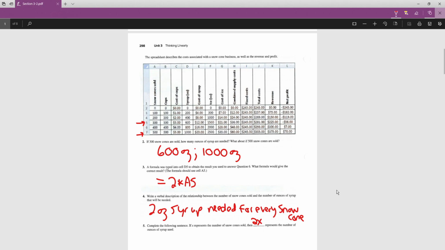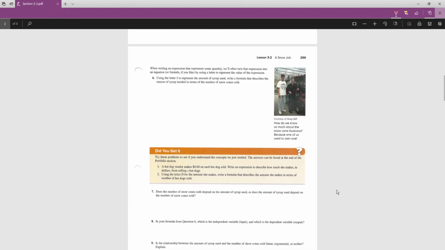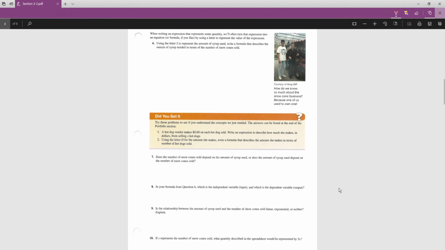Moving on to page 299, it says when writing an expression that represents some quantity, we will often turn that expression into an equation, or a formula if you like, by using a letter to represent the value of the expression. Using the letter S to represent the amount of syrup, let's write a formula. The amount of syrup is equal to 2 times X, where X is the number of snow cones sold.